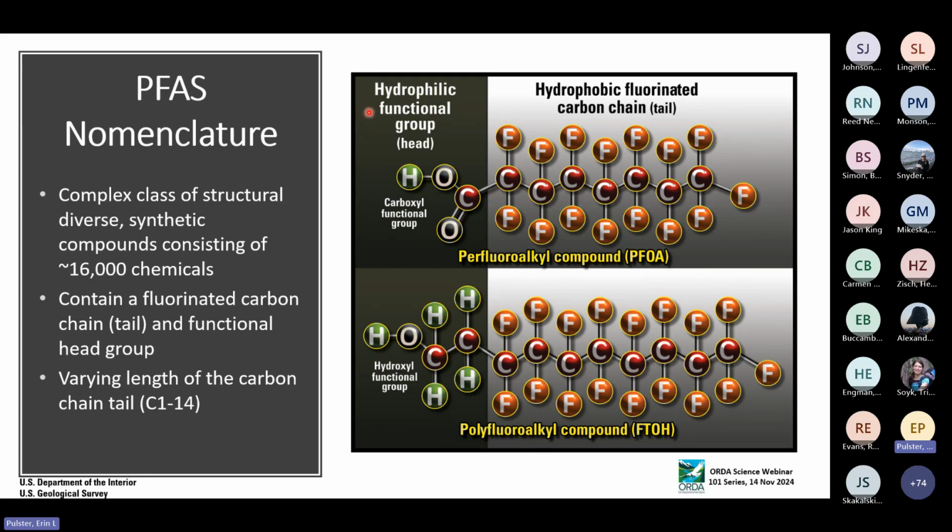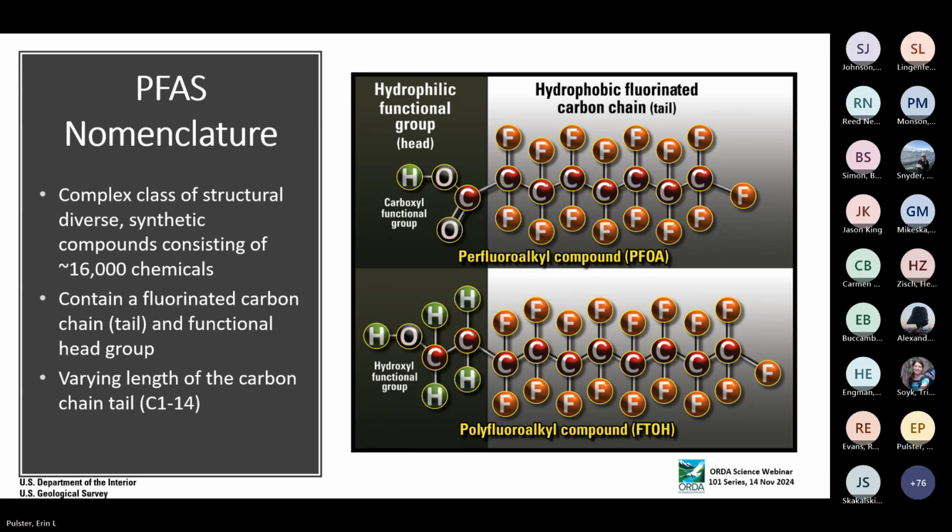The head group is typically hydrophilic and the tail is typically hydrophobic. They can vary in terms of carbon length, basically from 1 to 14 carbons.